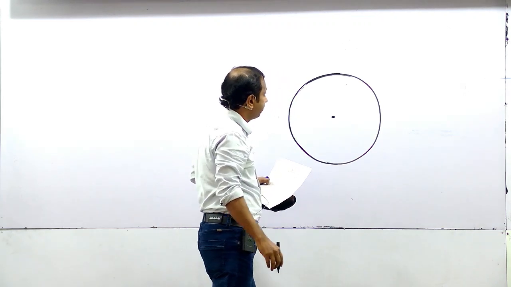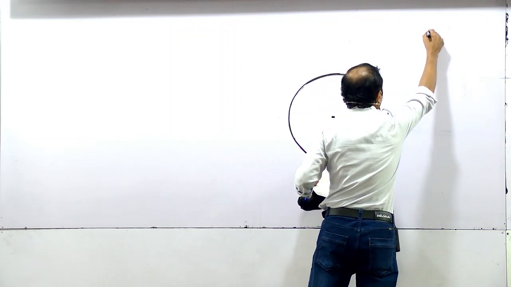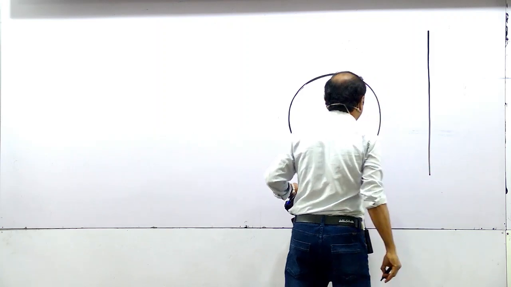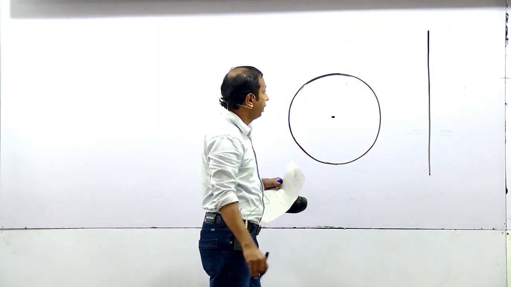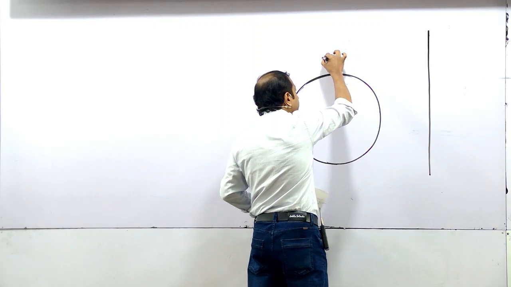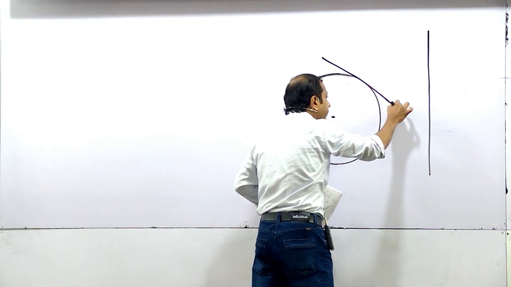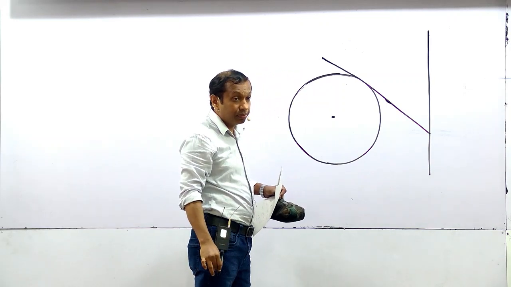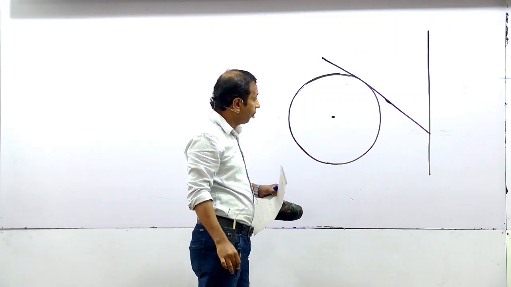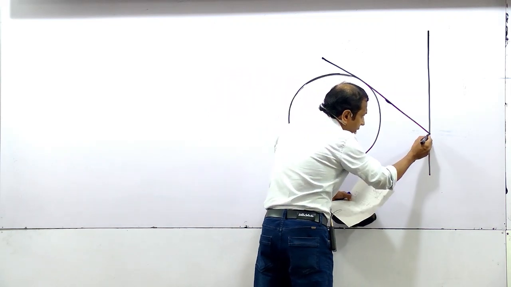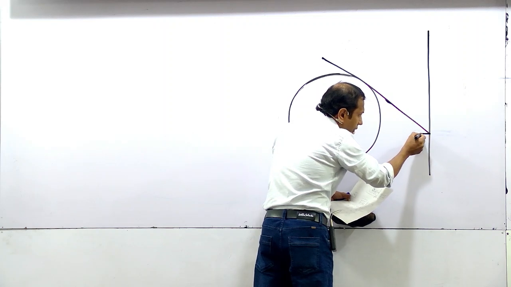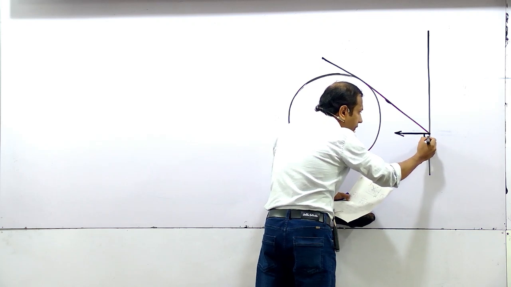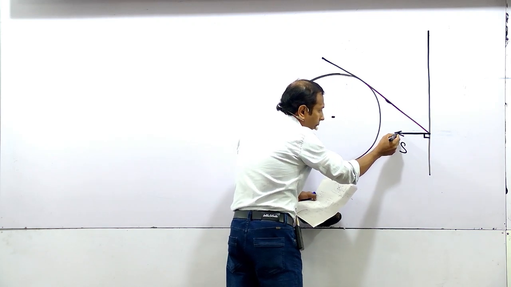Here we have a wall. A rod is resting like this, in contact with the cylinder. Then you know a reaction comes here from the wall. The reaction is horizontal. Suppose it is S. It passes like this.